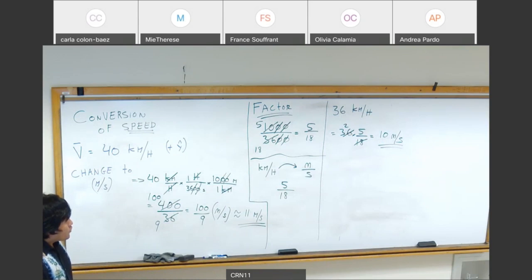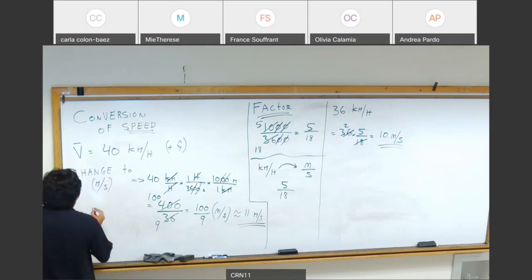All right? That's conversion of units for speed. And that's the most common one that you will see: kilometers per hour to meters per second. For miles per hour, you will have to use the same, but remember that you will have to use miles.